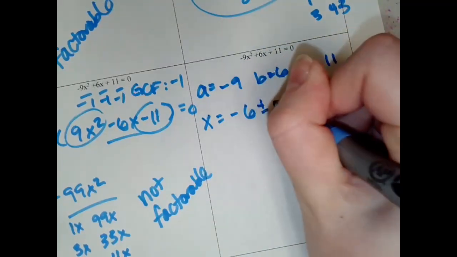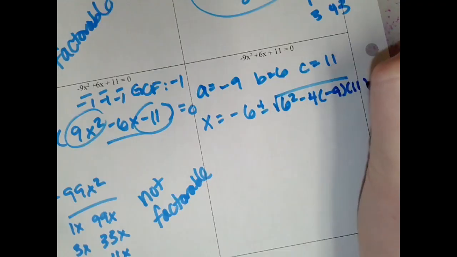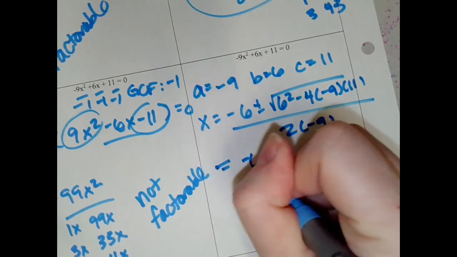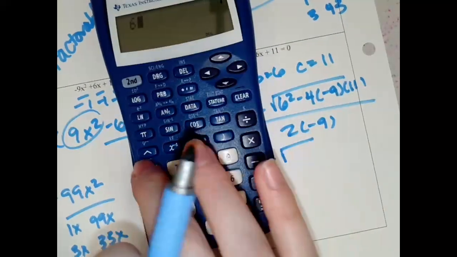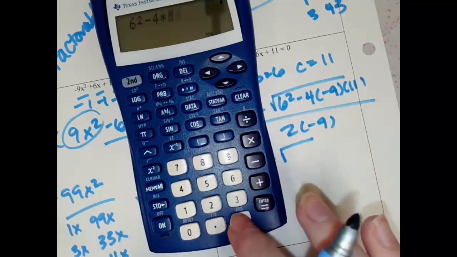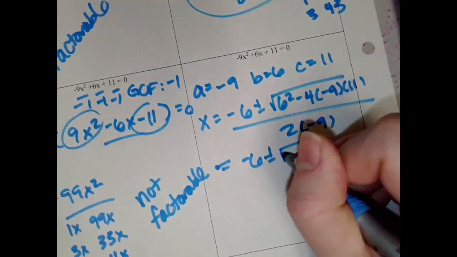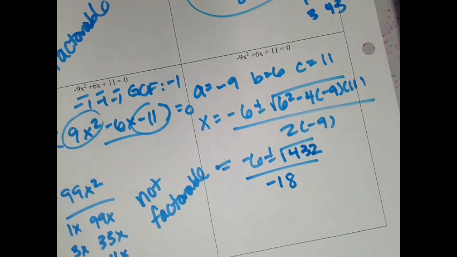So negative b plus or minus the square root of b squared minus 4 times a times c, all over 2 times a. That gives me negative 6 plus or minus the square root of 6 squared minus 4 times negative 9 times 11. It's 432 over negative 18.